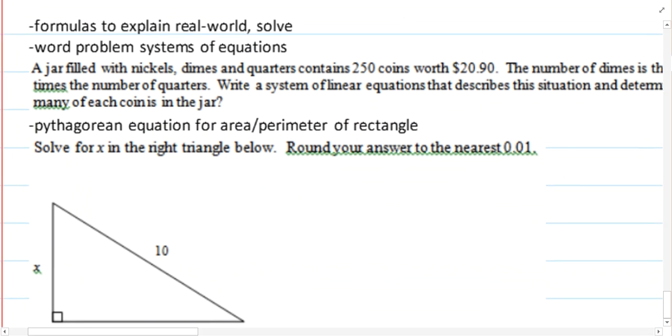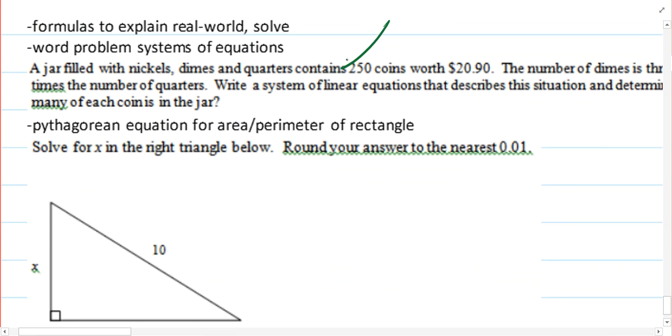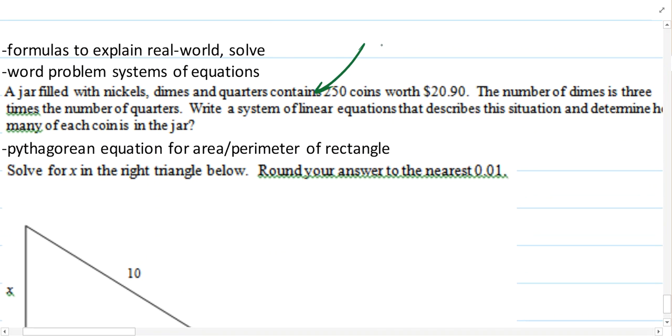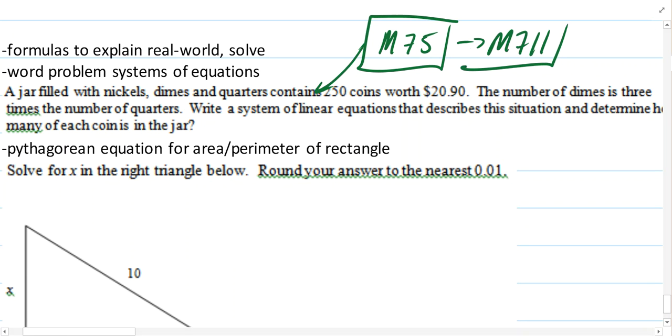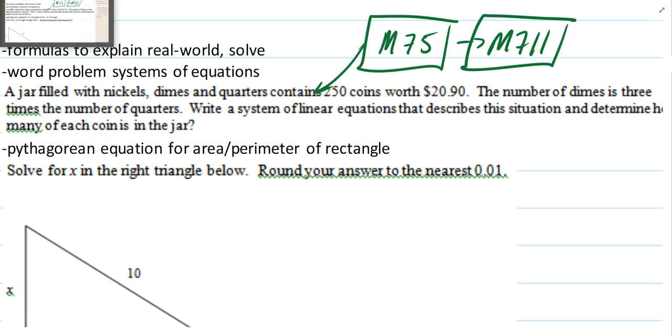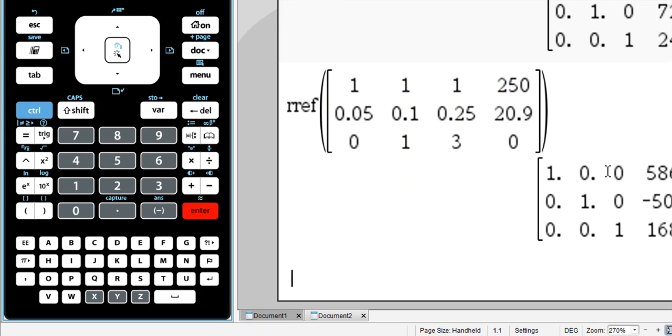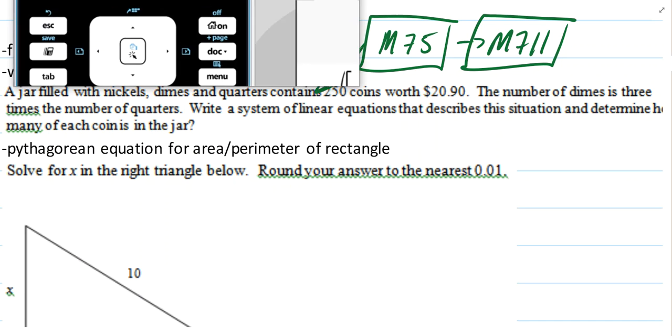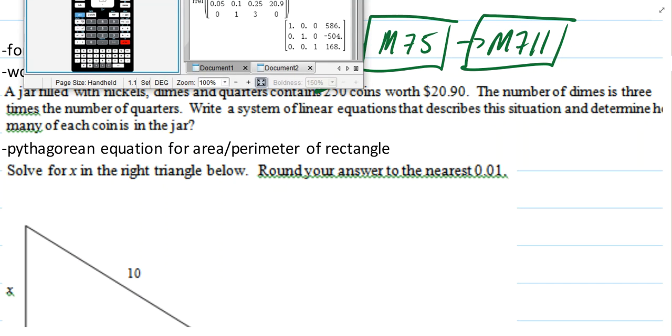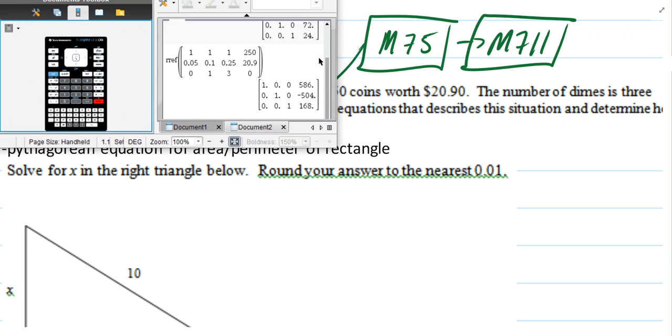Now, we've already talked about the systems of equations in class, so I'm not going to address this one again, but what I would like to remind you is the keyboard shortcut, menu 7.5 and then menu 7.1.1. That's what's going to set up your calculator to be prepared to solve these systems of equations, and here's the solution from class that we had most recently.